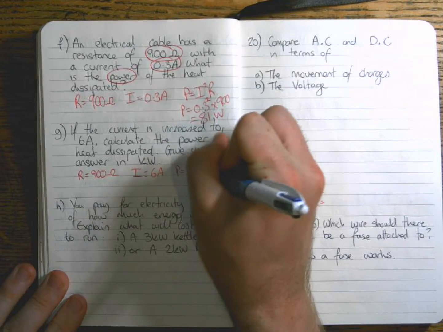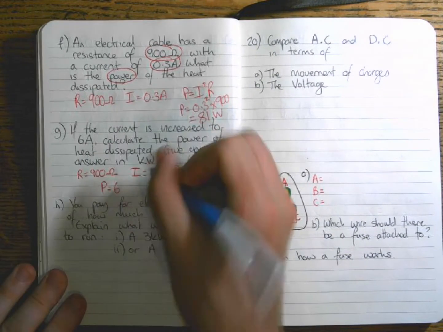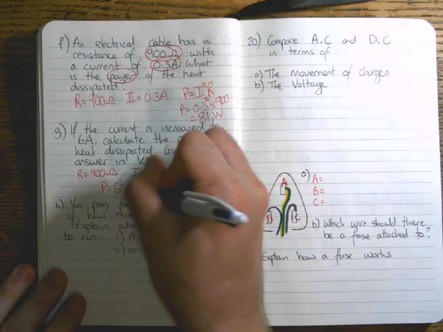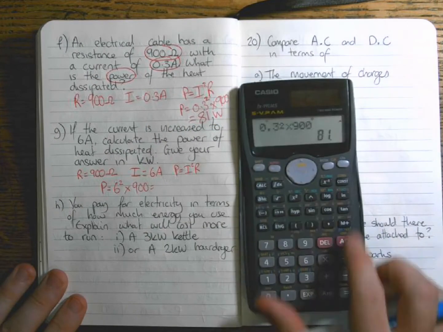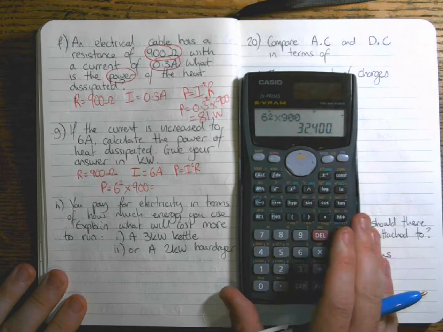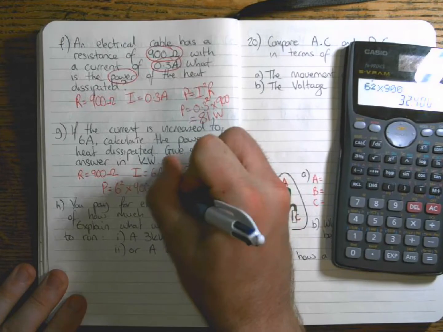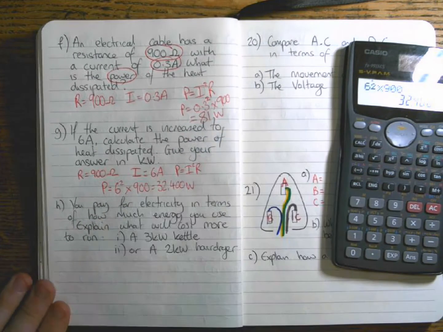So P is I squared R. This time it's 6 squared multiplied by 900. That's the same as 36 multiplied by 900. 32,400 and power is measured in watts. Are we finished?